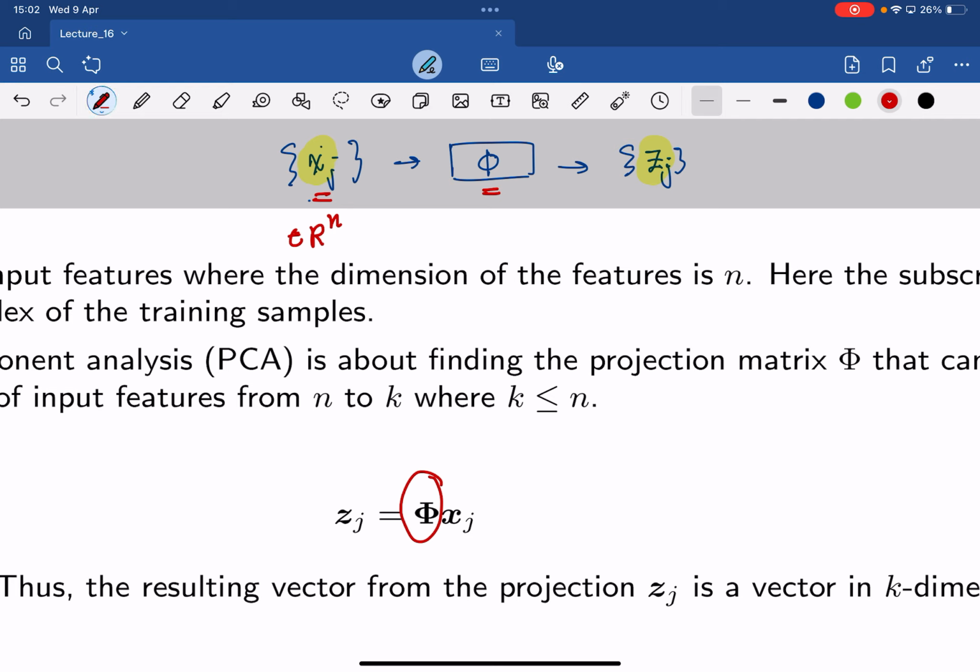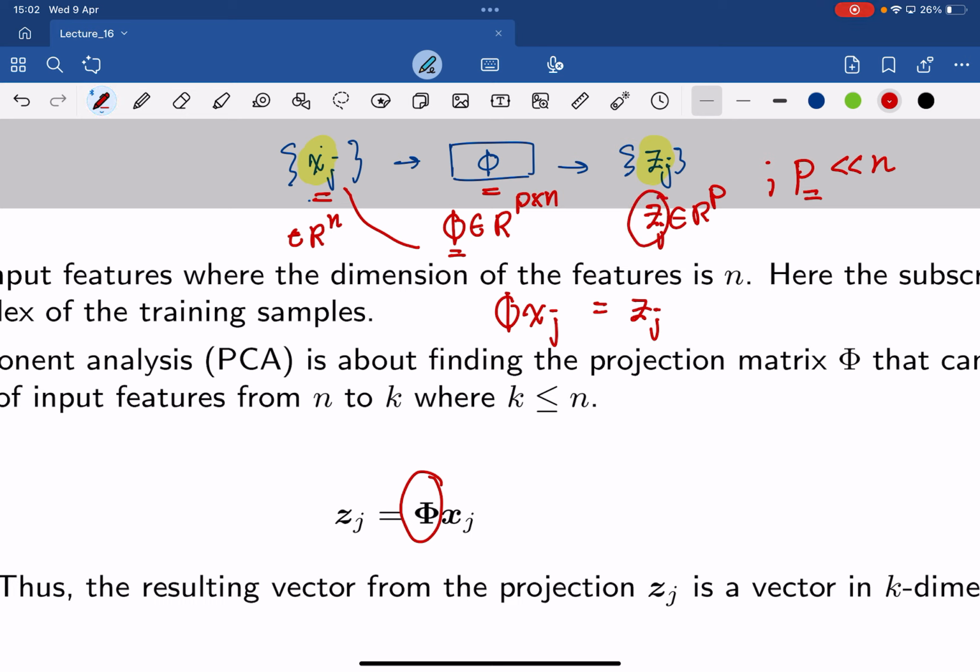You can think of it as initially like a black box, but it could also be a projection matrix of size R^(p times n). This means that if you multiply this with X, you will have a new vector of size R^p. And usually when we talk about PCA, p is much smaller than n. We would say that this is your latent. Okay, so that's the setting for PCA.